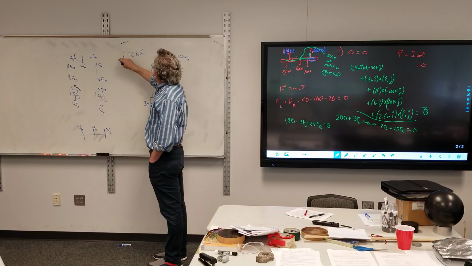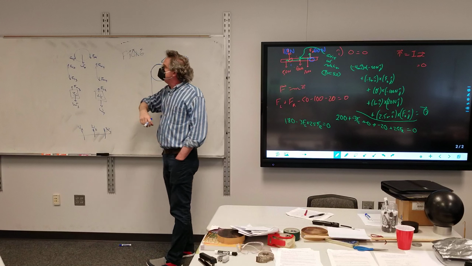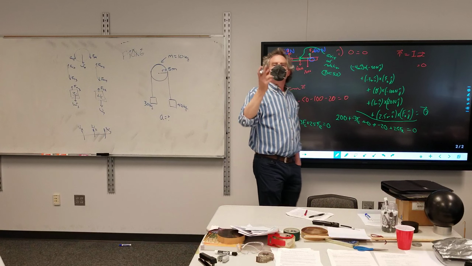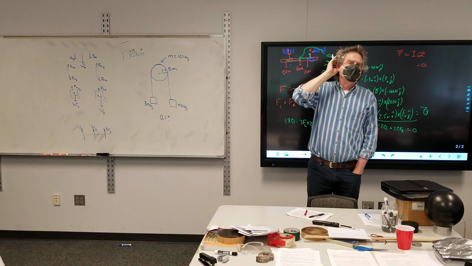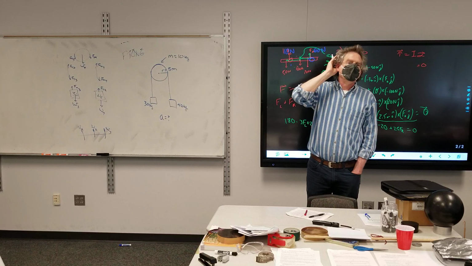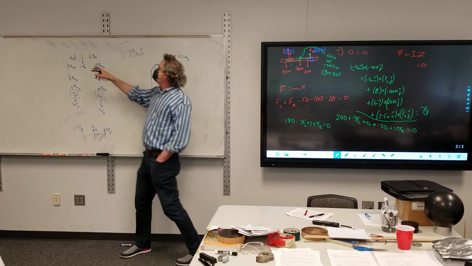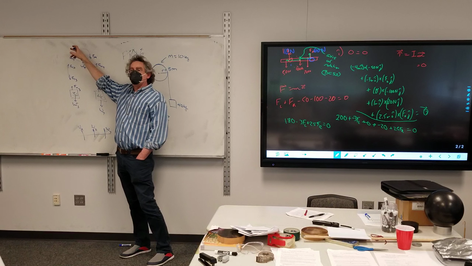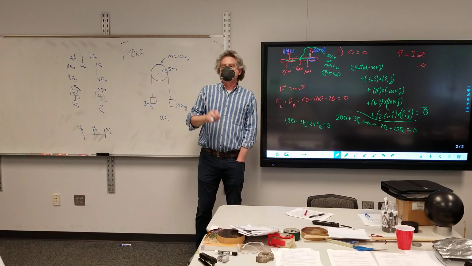So tension, there's no other gravitational. Because you said it's a non-ideal pulley, does it have friction? We assume no friction here, but there is friction between the rope and the pulley so that the wheel does turn. But there's no slipping.